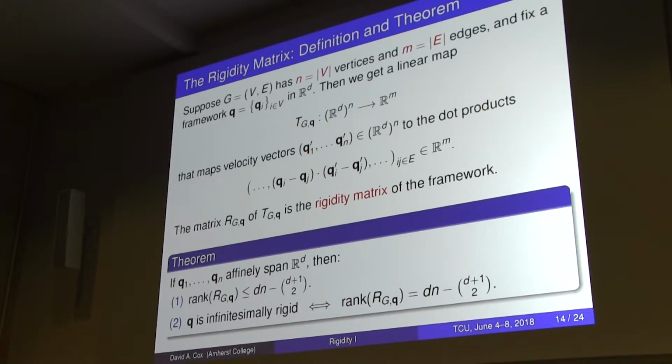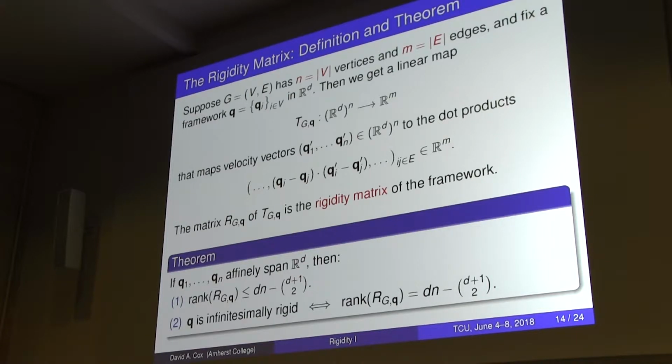And so what I'm doing is taking these equations and representing them by a matrix. This is the linear map, and when I take the matrix of this with respect to the usual bases, I get what's called the rigidity matrix. Our first theorem is right here.